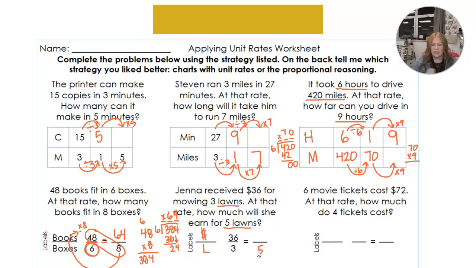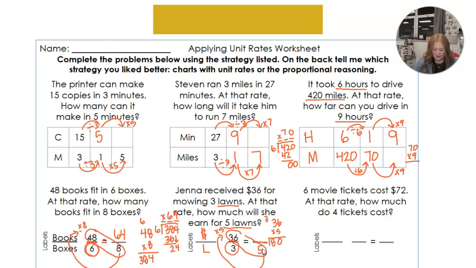So there's not a nice way to get from 3 to 5. So we're going to multiply here because we're moving this 5 to the other side, and instead of dividing by 5, we have to do the opposite and times by 5. So we're doing 36 times 5. Make sure you do that out to the side or on the back. 6 times 5 is 30. 3 times 5 is 15, plus 3 is 180.